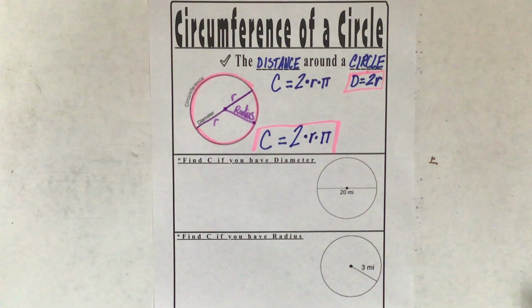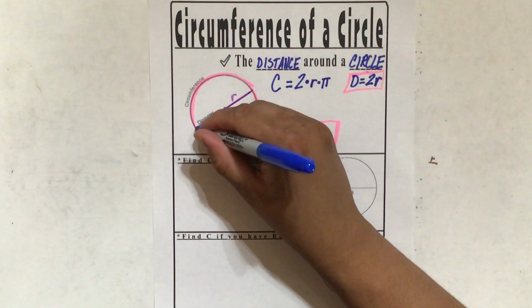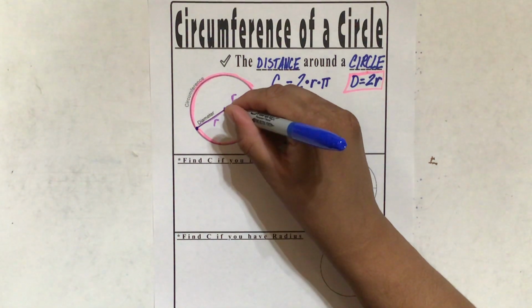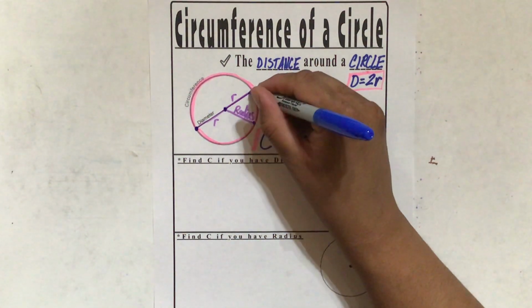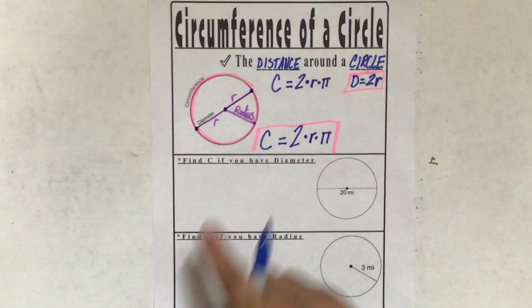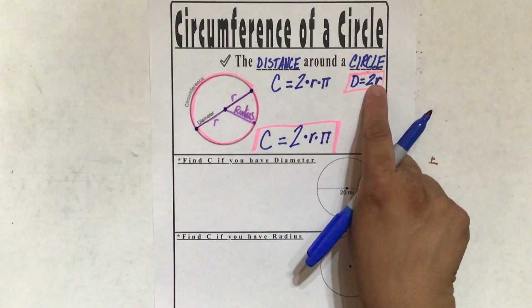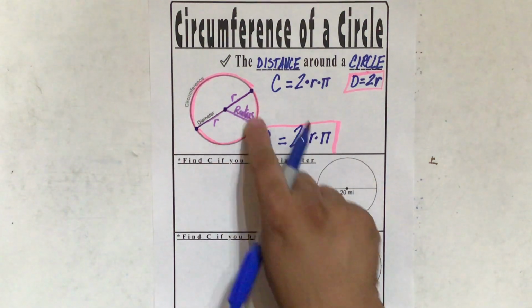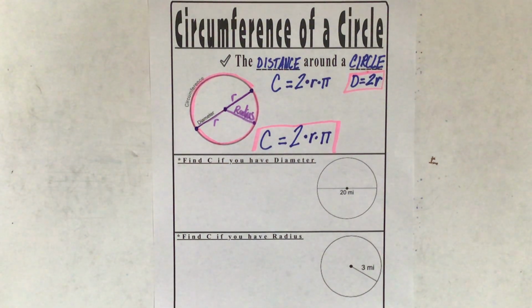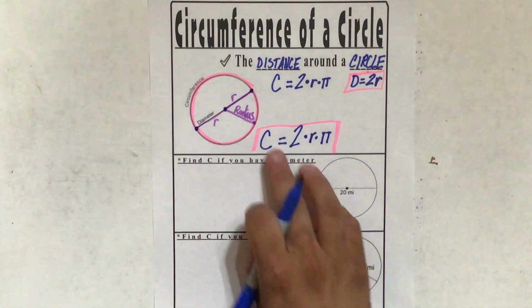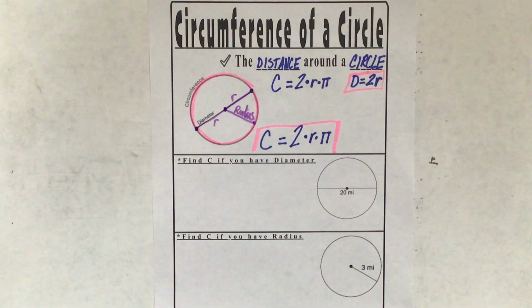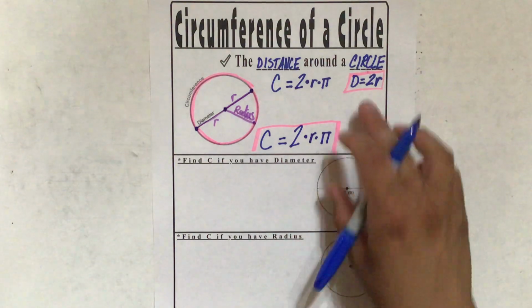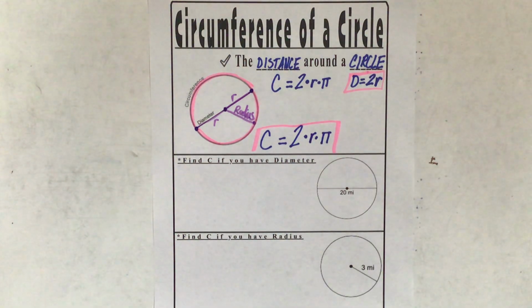From here to the center is 1r, and the other way from this center to the other side is another r. R and r is 2r's. So the diameter is equal to 2r's. So we're going to find the circumference using these two formulas right here. Now, depending on what they ask for, we're going to use either one of the formulas, okay?